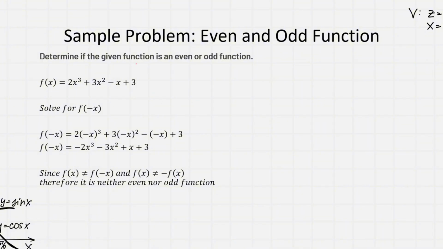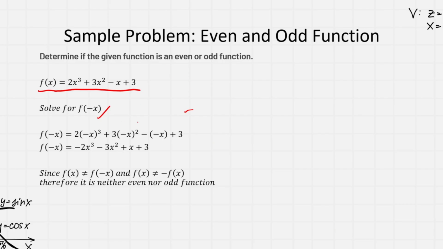Last, given that we have f of x equals 2x cubed plus 3x squared minus x plus 3. So let's solve for f of negative x. So replace x by negative x.